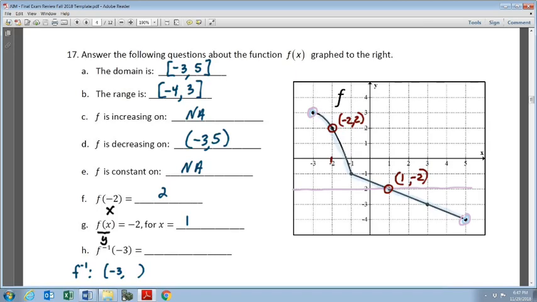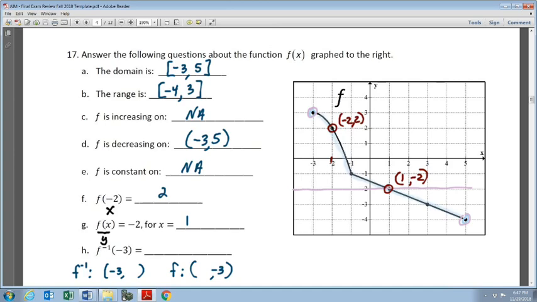The thing about it is, if we know an x value for the inverse, then we know a y value for f. And so we know that some point that has -3 as a y value would be a point on the graph of f. All I'm doing really is just switching the x and y values here.